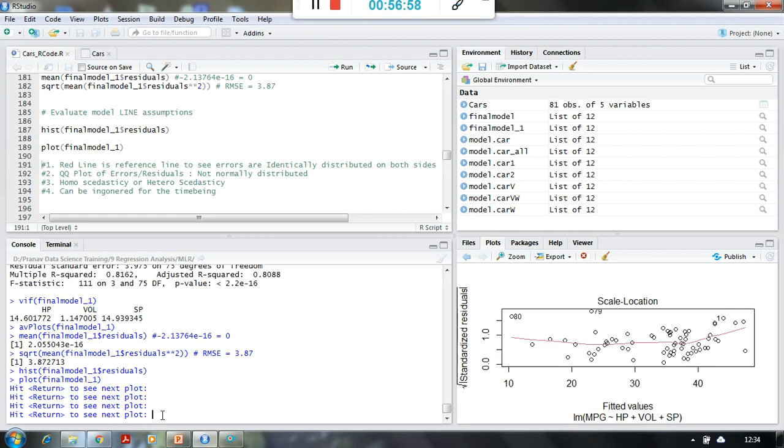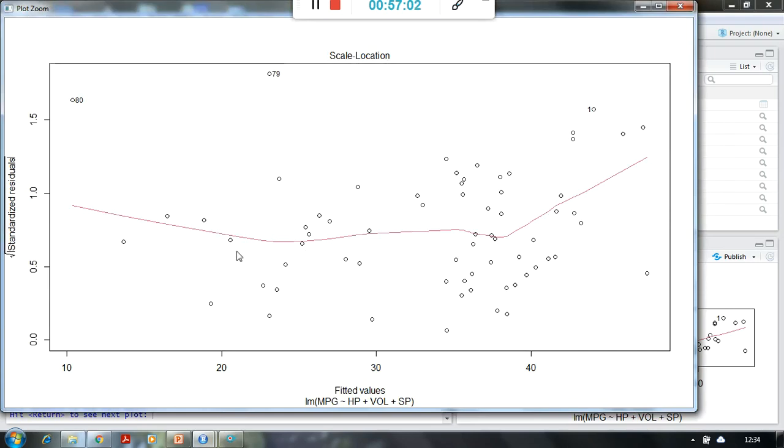Then the third one is the homoscedasticity or heteroscedasticity. If I consider this red line as the reference line, then what I have to do is draw a parallel to this red line, something like a curve like this. Look at my mouse.